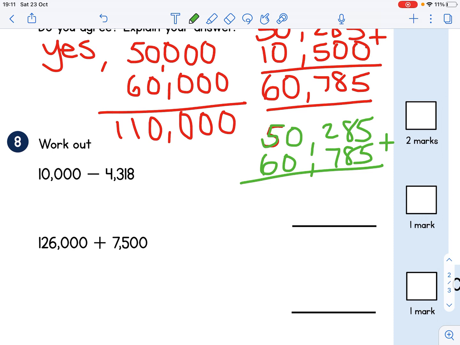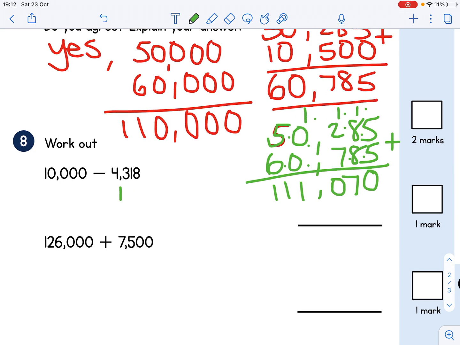You would actually end up with 5 plus 5, which is 10, carry the 1. 1 plus 8 plus 8 gives you 17, carry the 1. 1 plus 2 plus 7 is 10. Put 0 down, carry the 1. 1 plus 0 is 1, and then 5 plus 6 is 11. So 111,070. Okay, number 8.